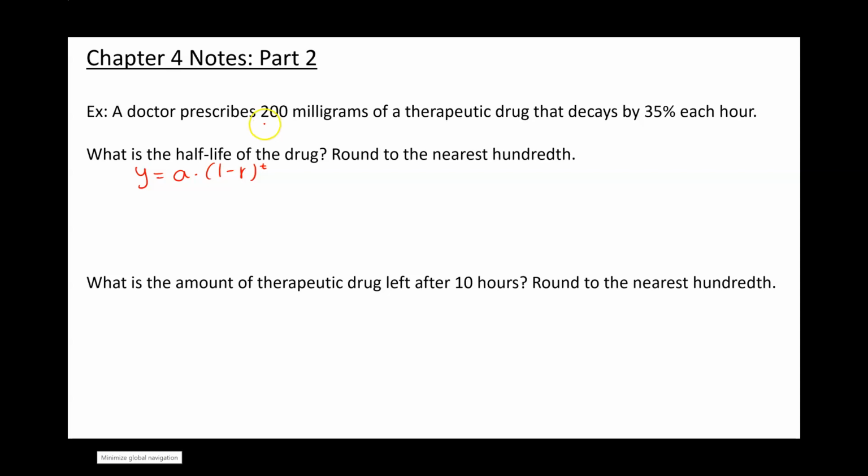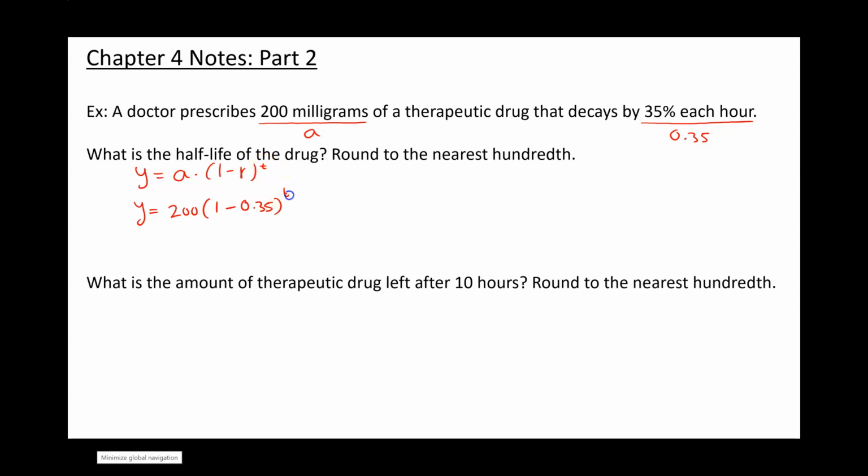So in this case, a doctor prescribes 200 milligrams, so this is the value of a, that's our initial value, and it decays by 35% each hour. In decimal form, 35% is 0.35. So you have y equals a, which once again is 200 milligrams, times 1 minus r, which is 0.35, and then that's raised to the power of t.